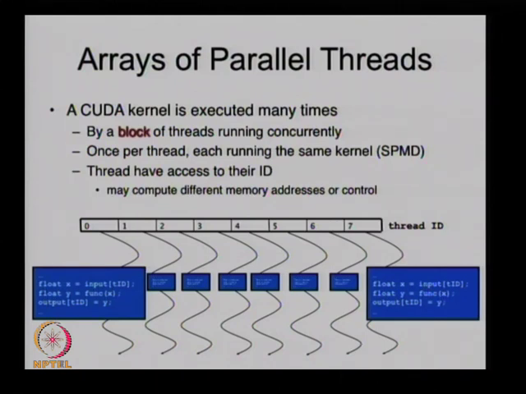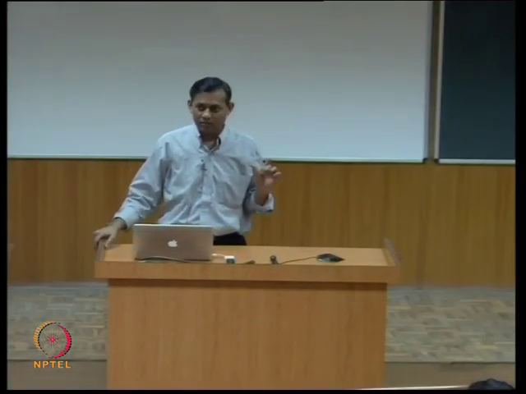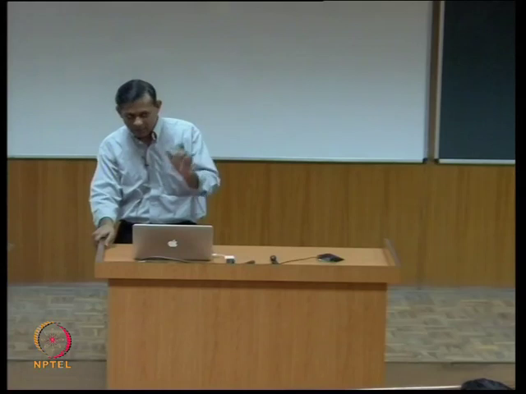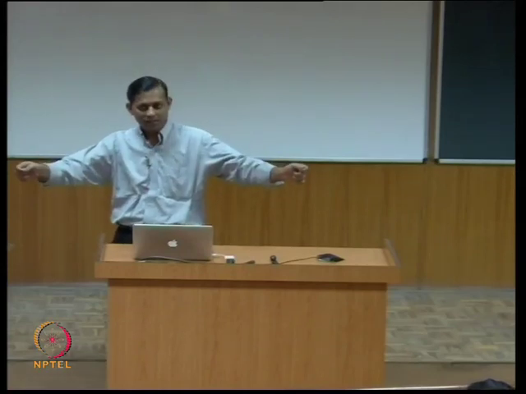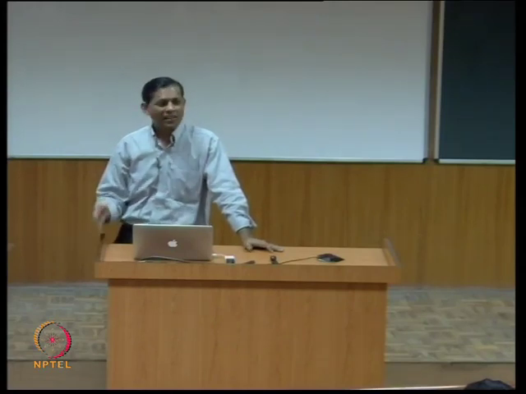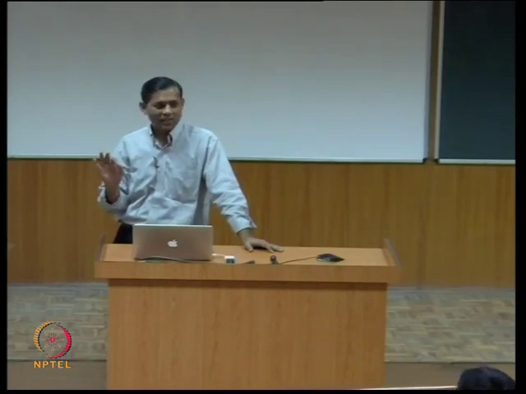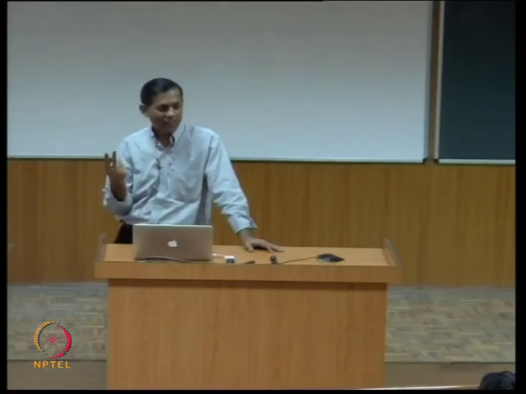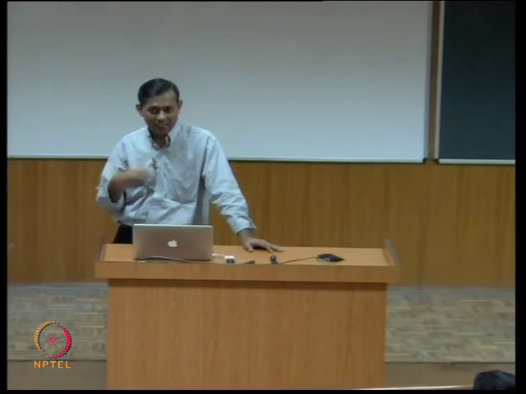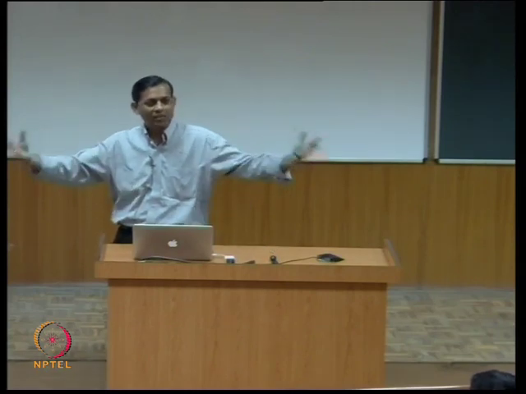This is what is called a block. This is what I was saying, that the scope for syncthreads is a block. Here I am only showing that a block is a 1D array of threads, but you're allowed to have 2D and 3D arrays of threads also. All that means at the end of the day is that your index will have I and J as opposed to just I, or I, J and K as opposed to just I. The idea is that in many applications, especially in scientific computations, you're dealing with a grid of sorts.